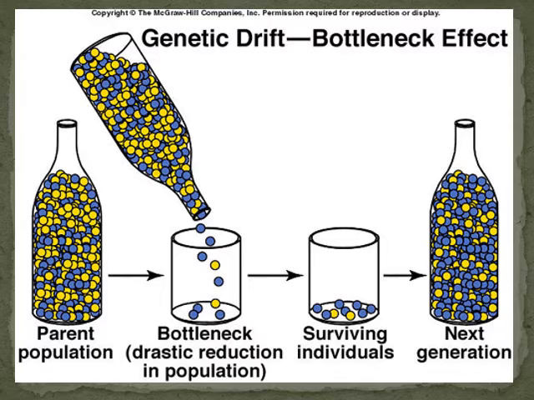In other words, it would return back to being the most frequent characteristic within the population. And so even though maybe now there might be more blue than there are yellow, you would give the population a few generations and it would revert back to its original state. Either the blue and yellow are of equal portions, or if, like I said earlier, the yellow was more beneficial, or more favorable, they would then go back up in numbers.